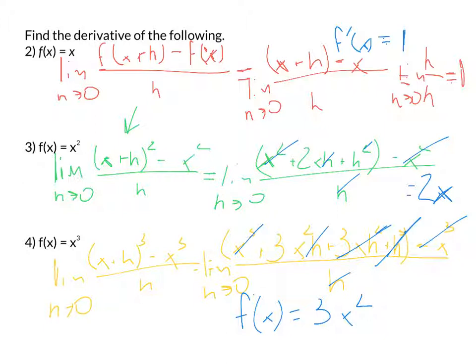And what I want to show you here is just kind of a coincidental thing, and I'll go to a new page to do so. When my function was x, the derivative was just 1. Or I can look at this as 1 times x to the 0. x to the 0 is 1. Anything to the 0 power is 1. Then times 1.